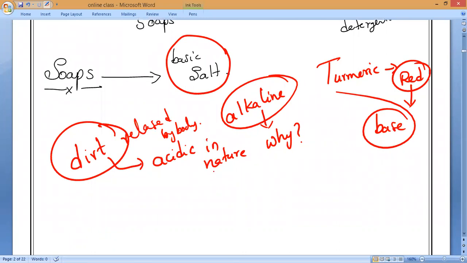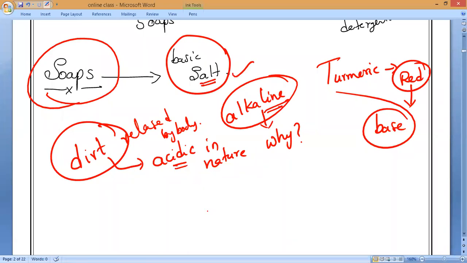The soap will neutralize this acidic dirt by a process called emulsifying. Emulsifying means it will try to remove it. I will teach you what emulsifying is as well. So the dirt released by our body is acidic, and that is why soaps are basic. They are made with alkali so that they react with and neutralize this acidic dirt. That is the reason soaps are alkaline in nature, or basic salts.